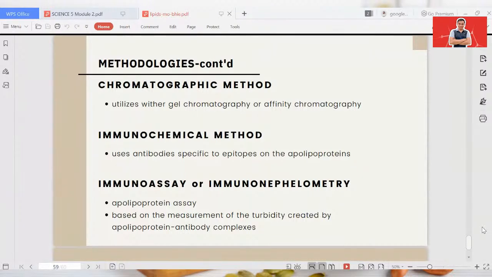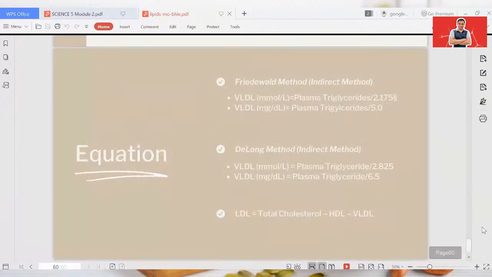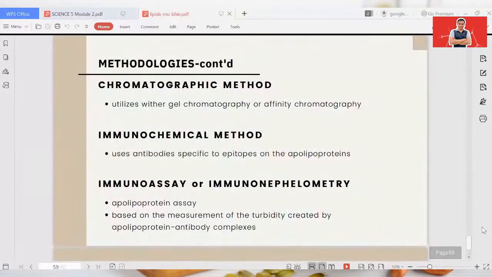Next is the immunochemical method. The specific proteins may be identified by immunochemical assays in which the reaction of the protein or antigen and antibody is measured. So it uses antibodies specific to epitopes on the apolipoproteins.